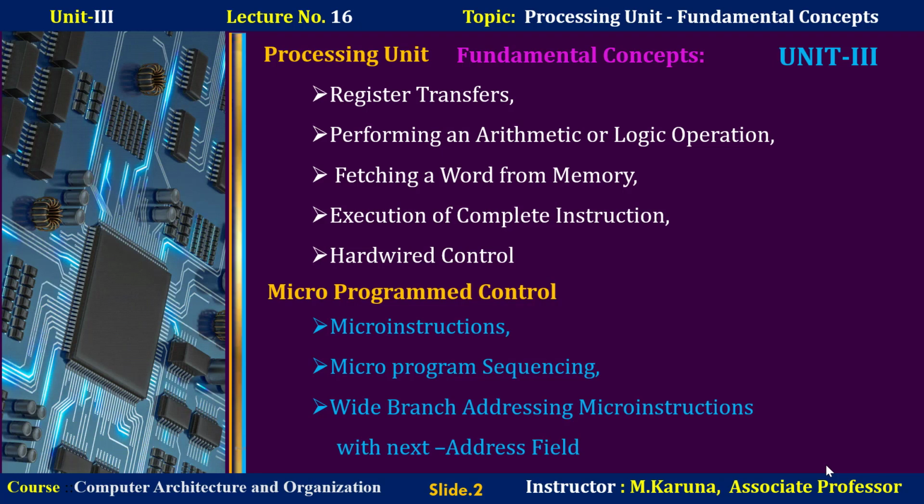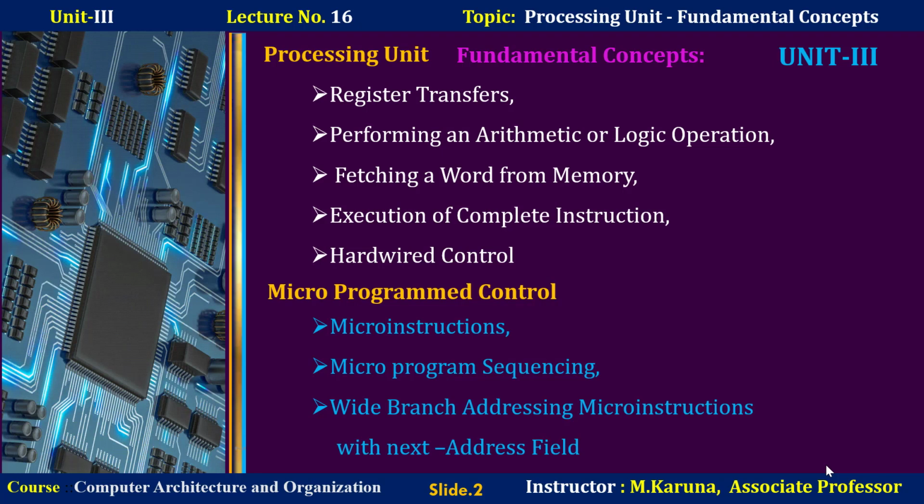The third unit contains the following topics. Fundamental concepts, in which we have discussed how data transfer takes place between the registers and how the processor performs an arithmetic operation, with one example.